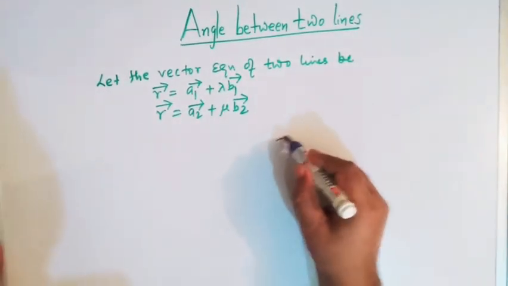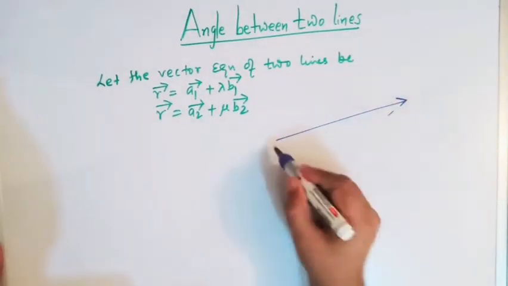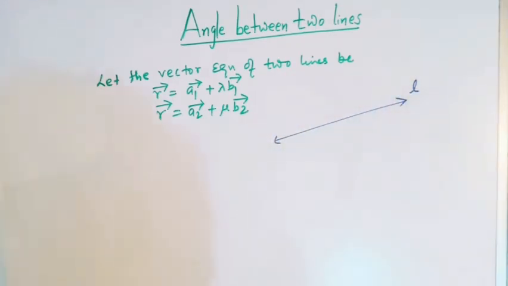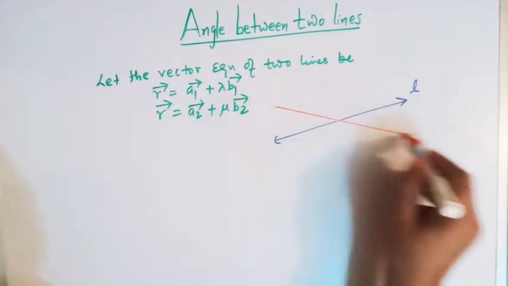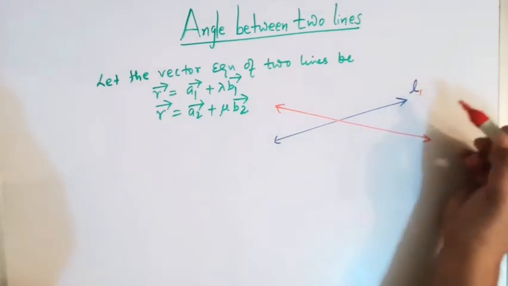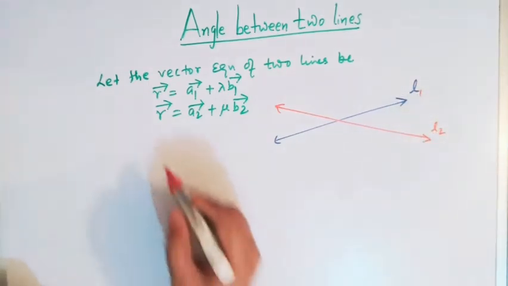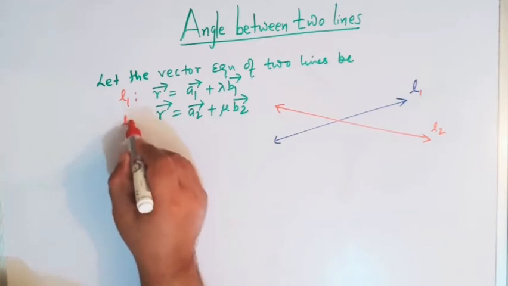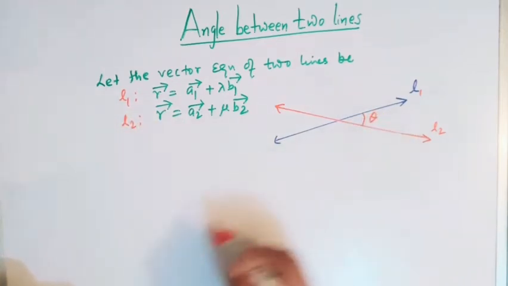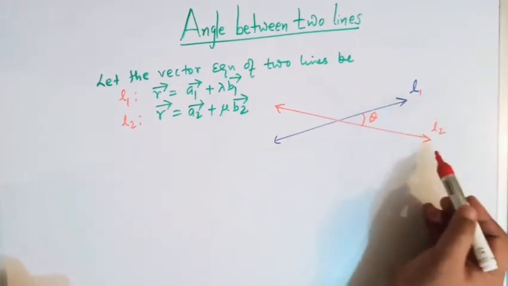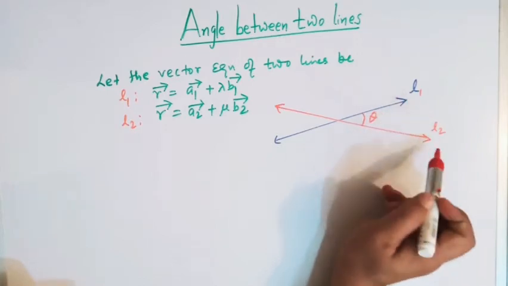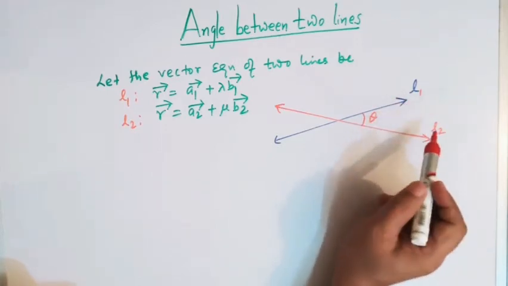Now this is the first line, L1, and this is the second line, L2. Let theta be the angle between these two lines. So here theta is the acute angle between the lines L1 and L2.